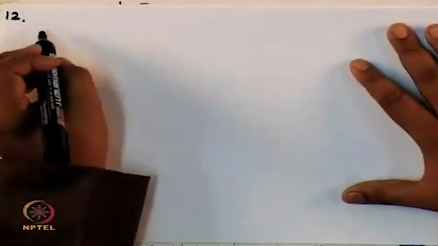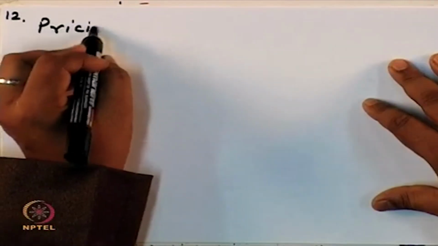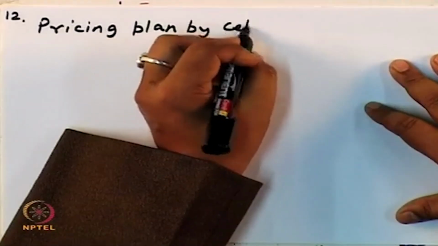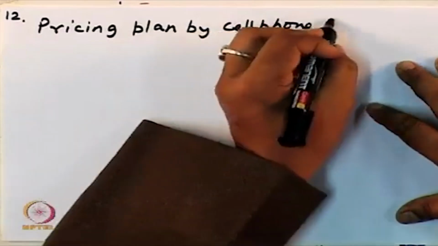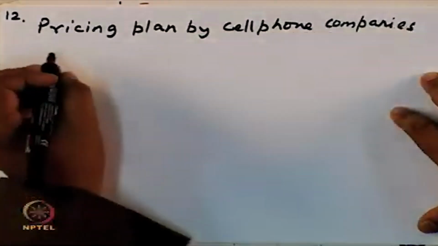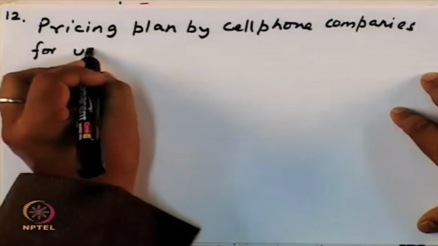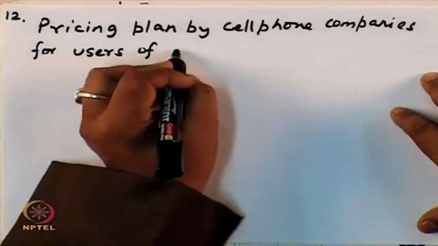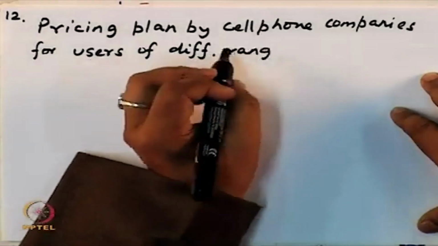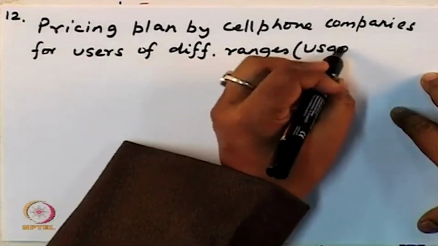Okay. So, let us take a sample example and construct the ANOVA table for that. We had discussed the possibility of a pricing plan by cell phone companies for users of different ranges or usages.